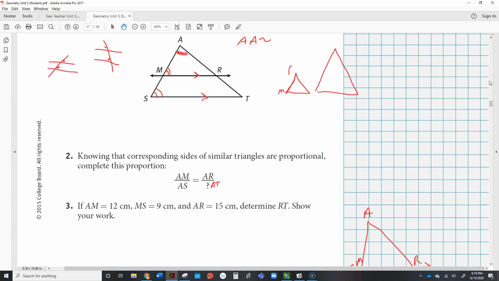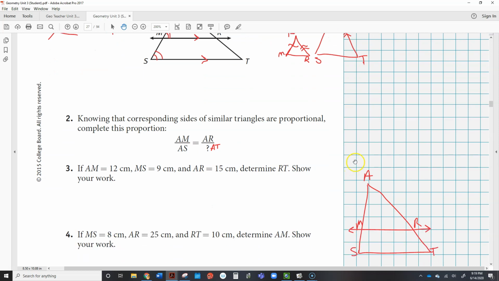So this is MAR. This is SAT. And we just did this side is proportional to this side. And this side right here, we wrote as a ratio with this side right here.